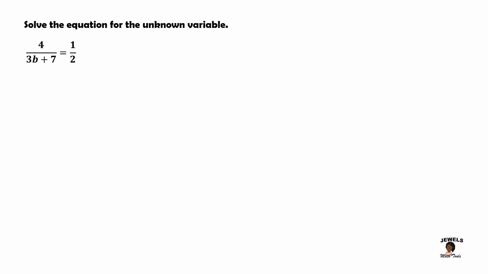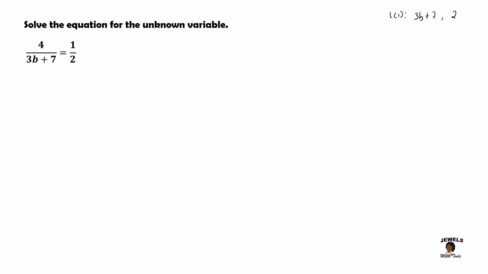To begin solving our rational equation today, we're going to first start by finding our LCD. So that's going to be our first step, finding our LCD of our expression 3b plus 7 and 2. Now in finding our LCD for these two different terms in our denominator, remember that your denominator must be made up out of both parts.